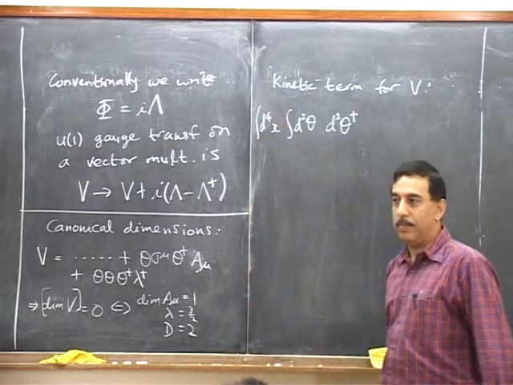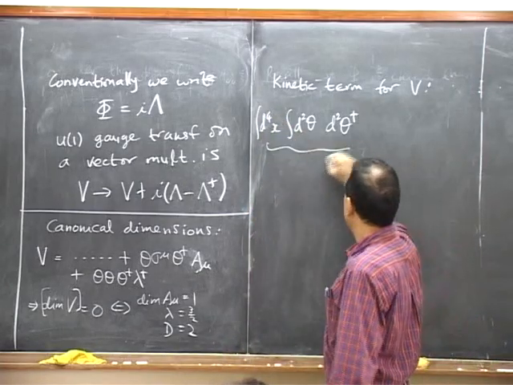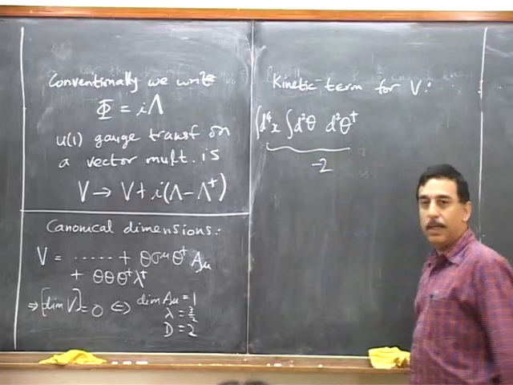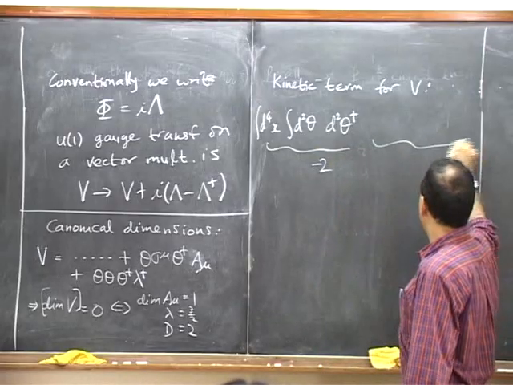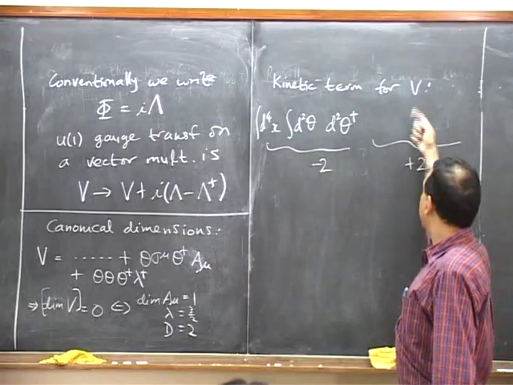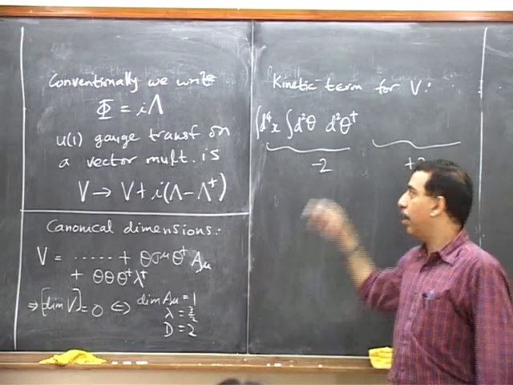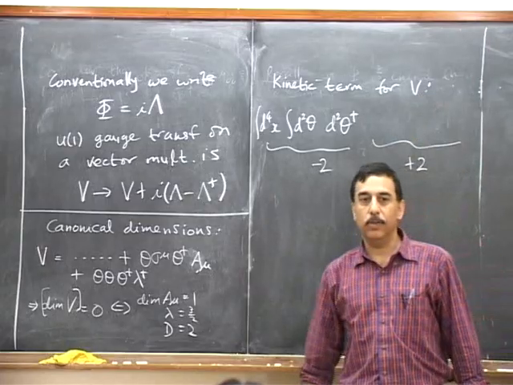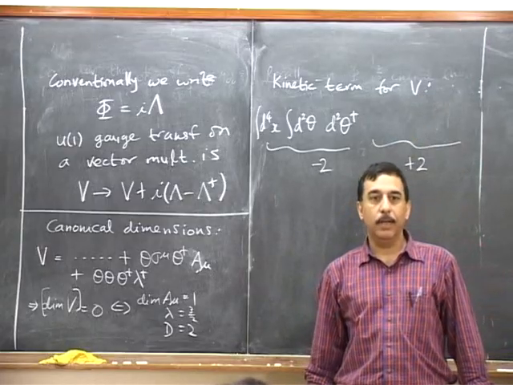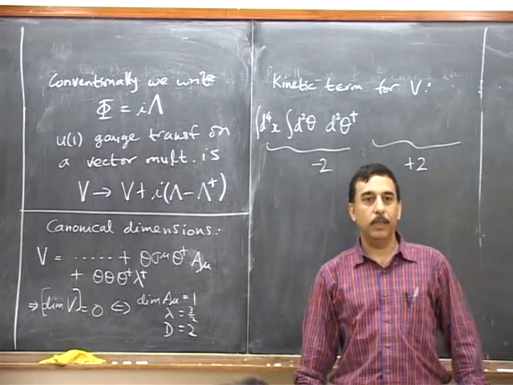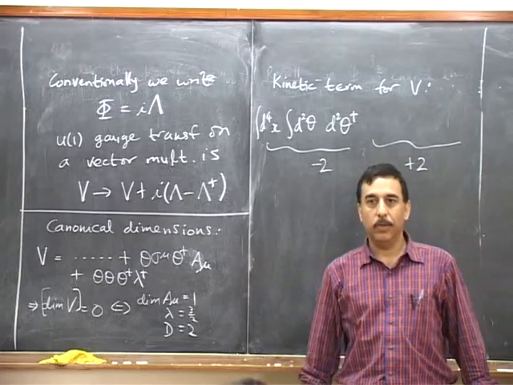So this is -4 and this is +2, so it's altogether -2. So whatever I'm going to write here has to have mass dimension +2. How am I supposed to get a mass dimension +2 supersymmetry invariant term starting from a field V that has dimension 0? Del mu. Del mu is not supercovariant. Del mu does not commute with all of supersymmetry.